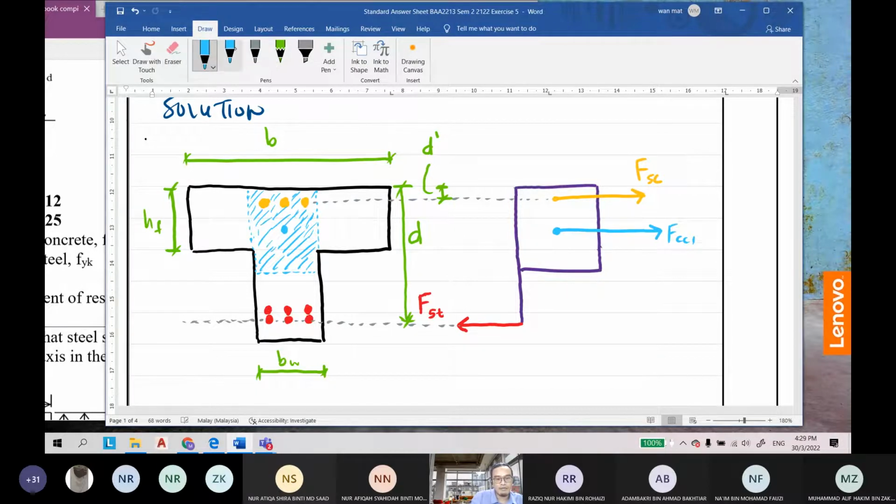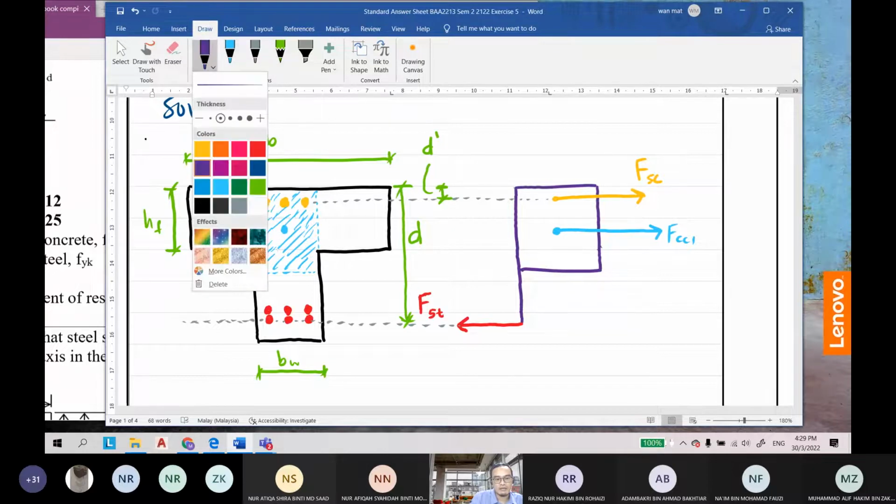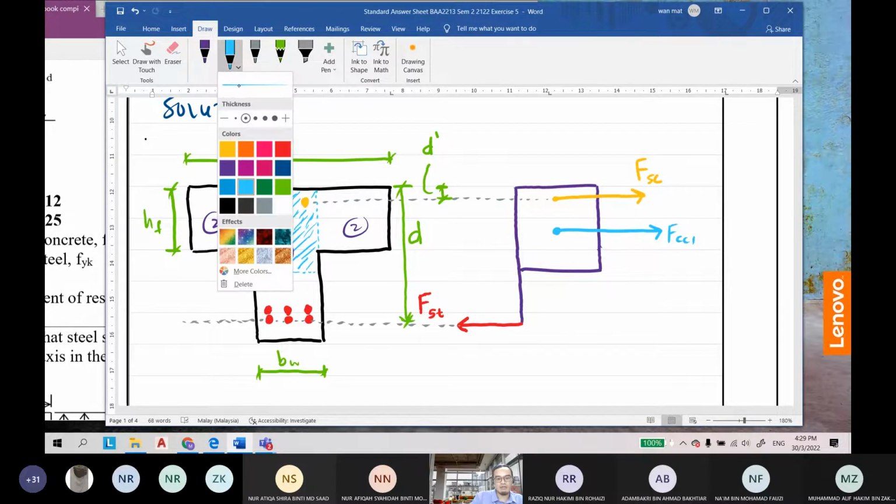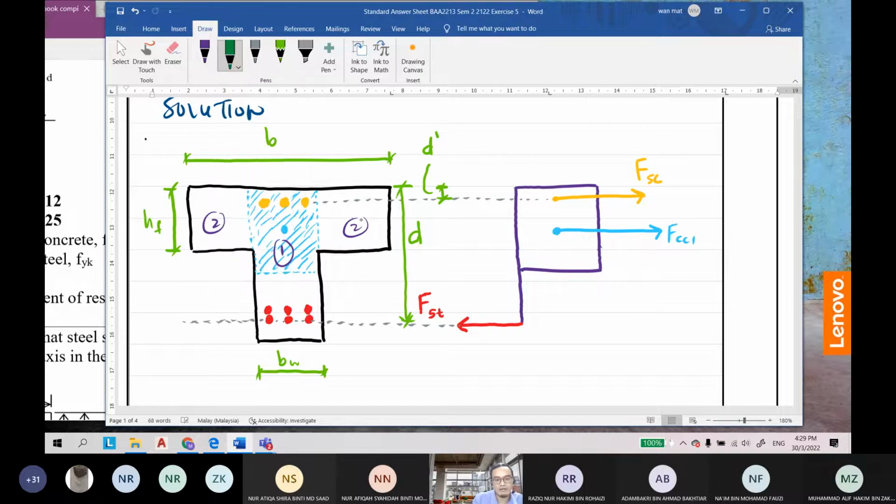Okay, from area number 1 is here. And area number 2 is here and here. From area number 2 at the center is here. Let's say I use dark green. From here it is acting on the center of this slab. This is FCC2.